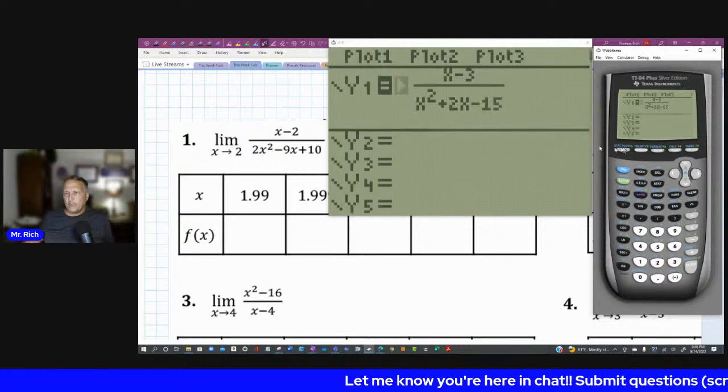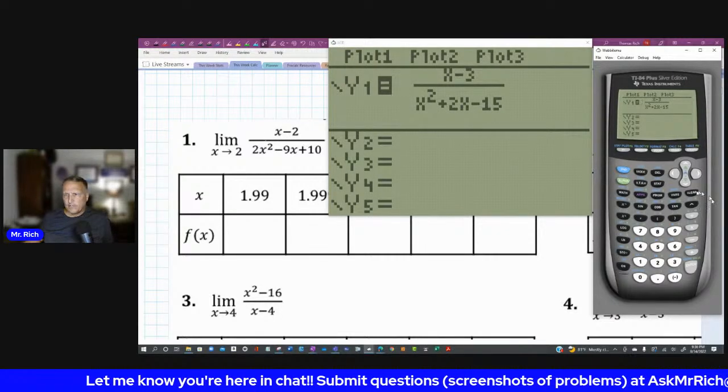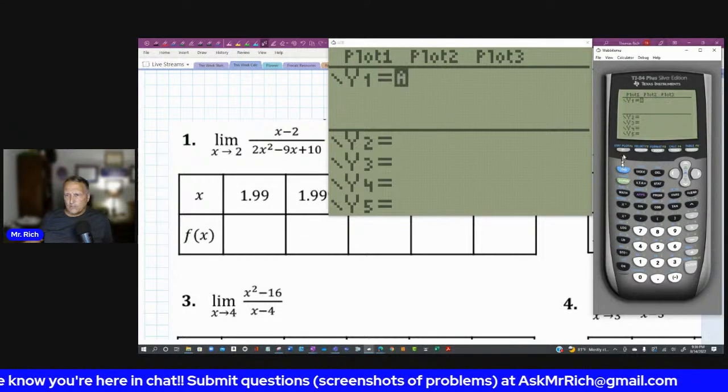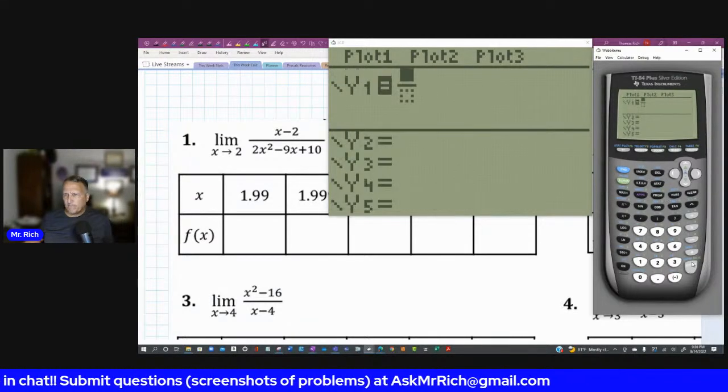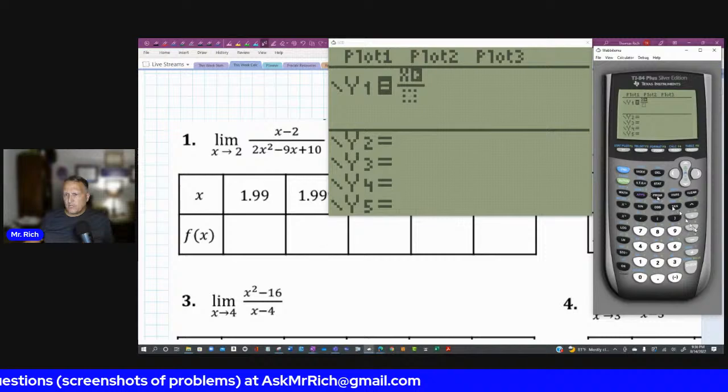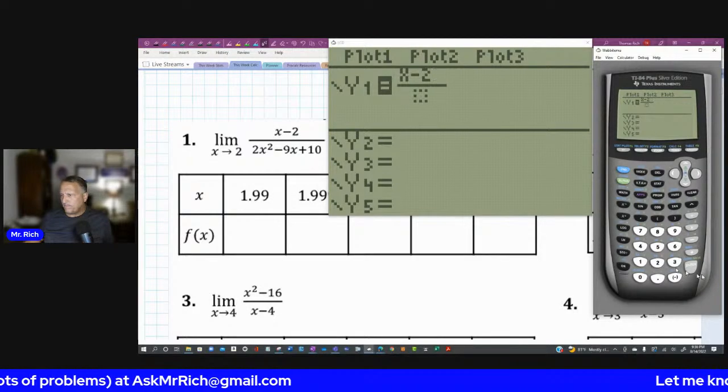I'm going to go into my equation editor, and I'm going to put this rational equation in. So I'm going to put it in, which is x minus 2.